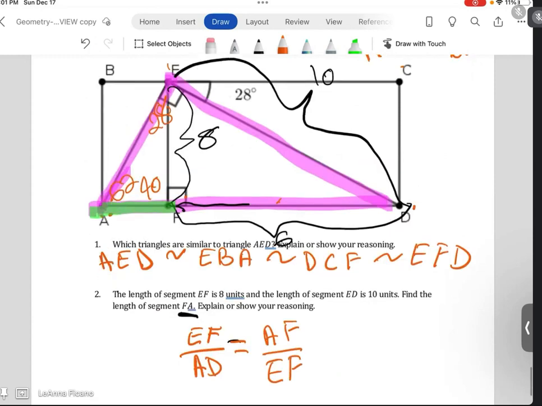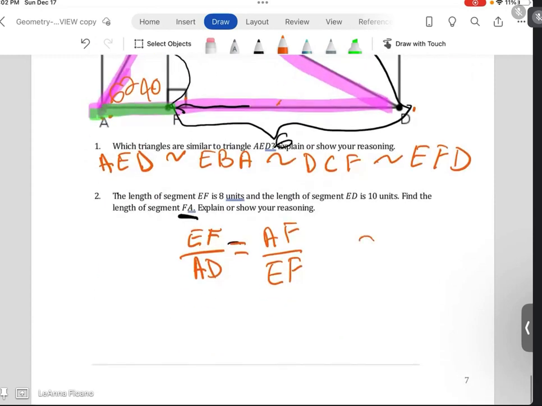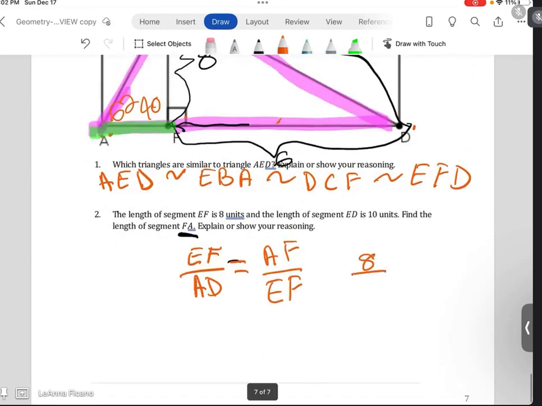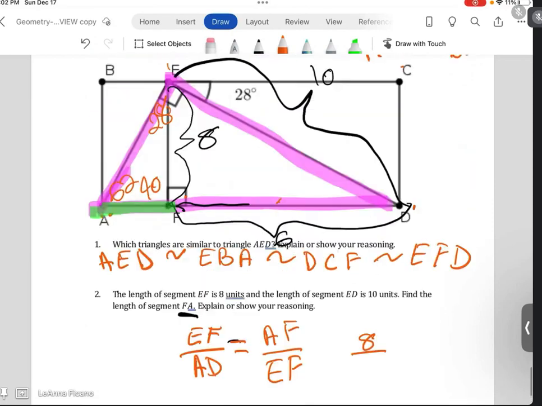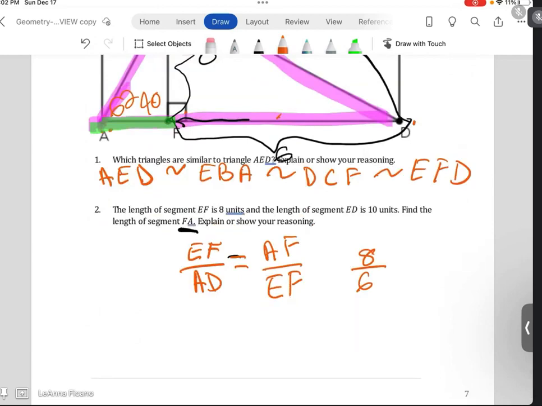So that is 8 over AD, which is 6, equals AF over 8. Okay, so 8 times 8 is 64, which equals 6 times AF. I'm just going to substitute x for AF, and divide by 6. 6 times 12 is 64.